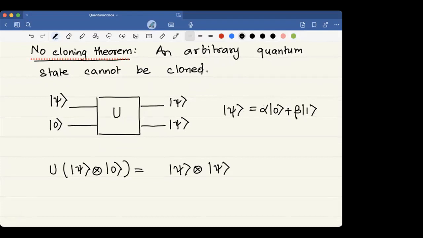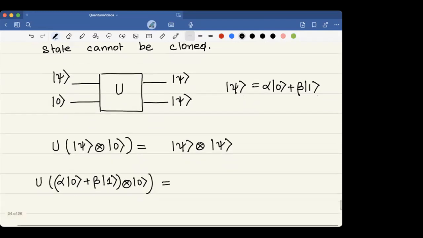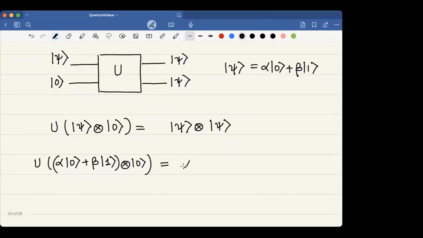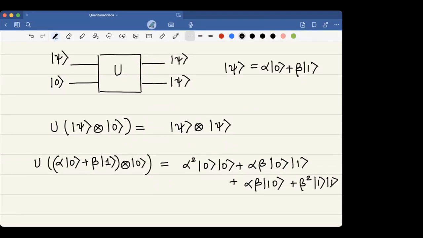If I expand this, I'll get U acting on alpha ket 0 plus beta ket 1, tensor with 0, is equal to, and if I expand the right-hand side, I'll get alpha squared ket 00 plus alpha beta ket 01 plus alpha beta ket 10 plus beta squared ket 11.